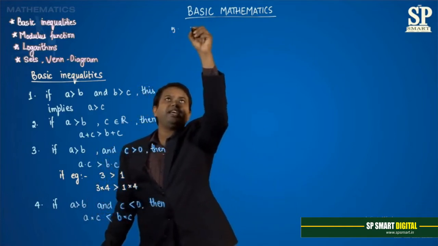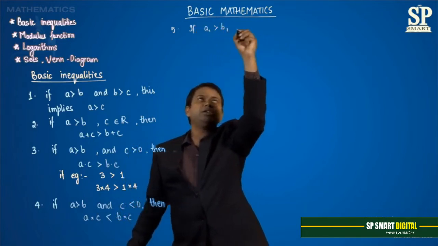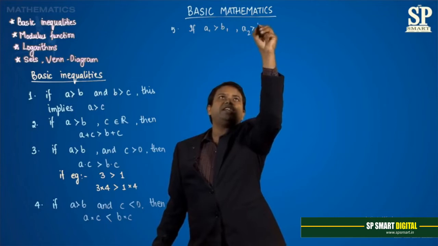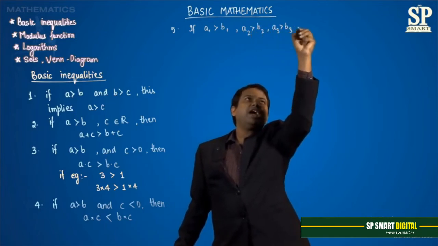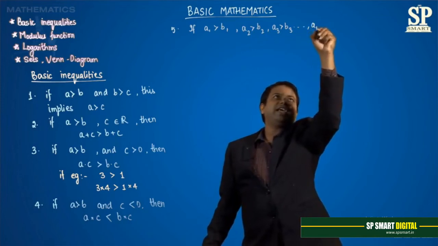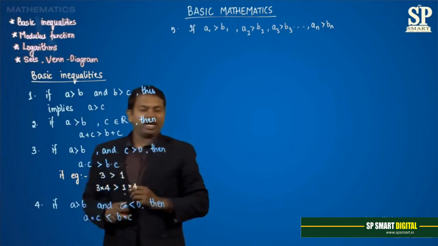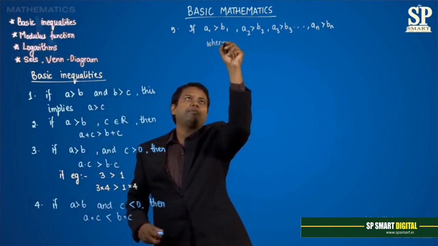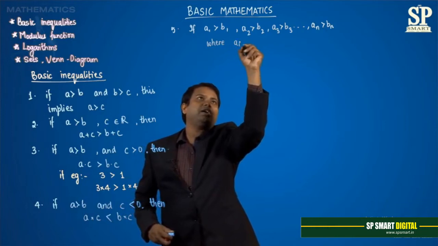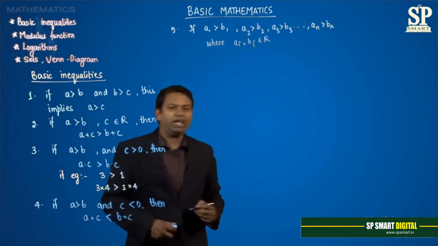Here let us say A1 is greater than B1, A2 is greater than B2, A3 is greater than B3, and so on up till An is greater than Bn, where Ai and Bi belong to the set of real numbers.